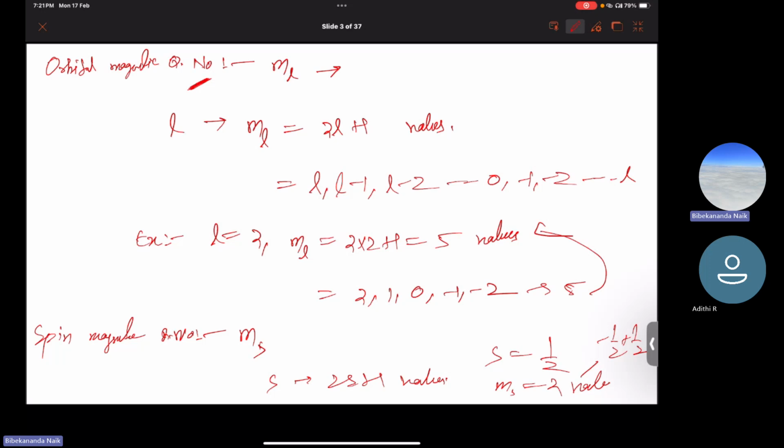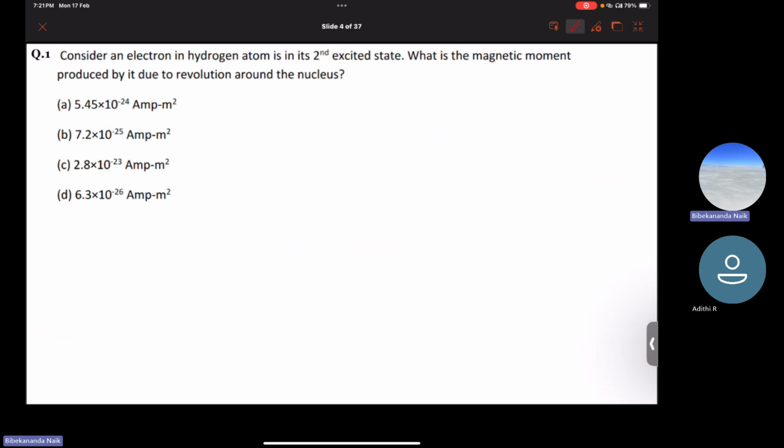Similarly, corresponding to spin motion, the magnetic dipole moment is spin magnetic moment, and it is related to the quantum number ms. So now we'll start solving a few problems based on those concepts.